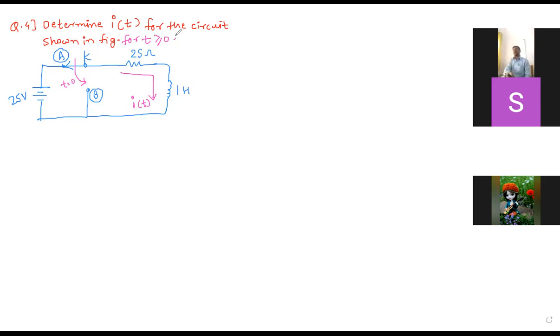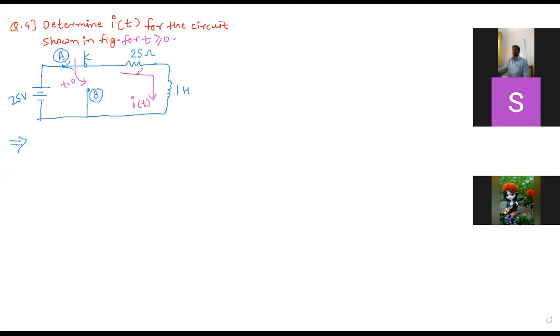So how to start this example? Okay, this is an extra or additional problem. This example also you can solve by using the final value theorem. Even though there are no multiple resistors, you can find it by using the final value theorem. By using two different methods, you can solve this.